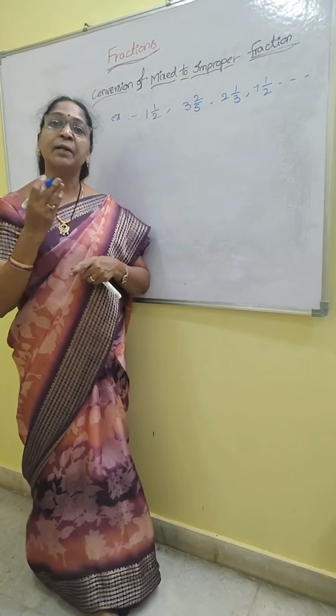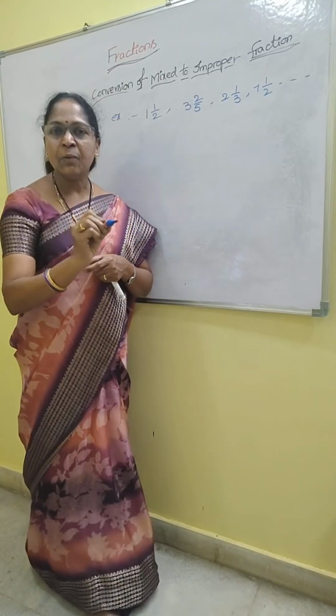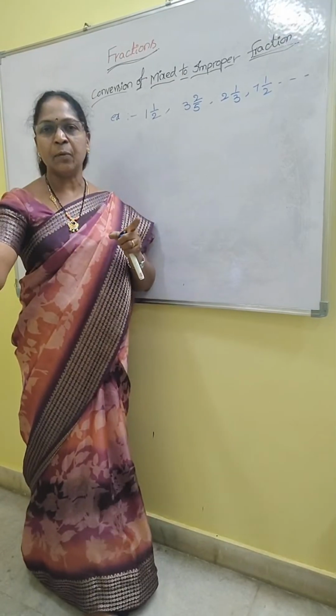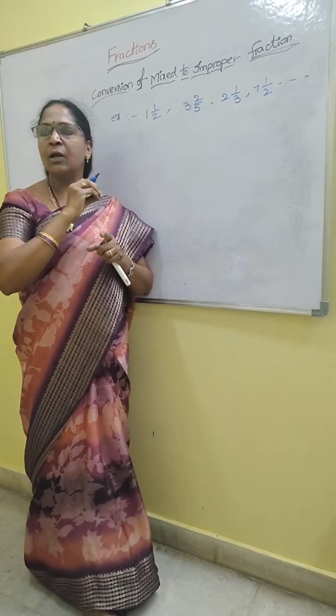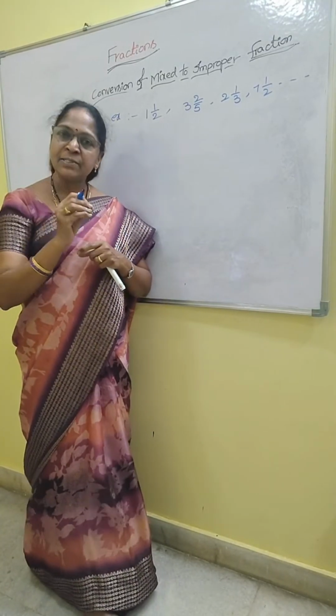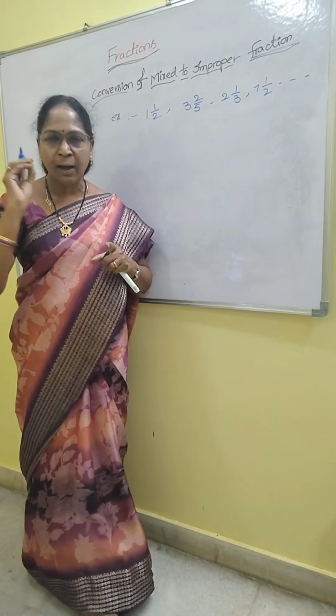Whole numbers, what are whole numbers? Including 0 with the natural numbers, or all numbers starting from 0, we call them whole numbers. Natural numbers means 1, 2, 3, 4 like this and so on up to infinity.